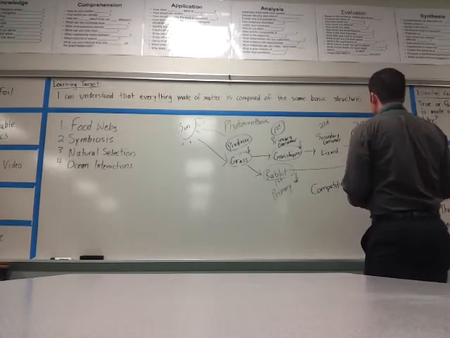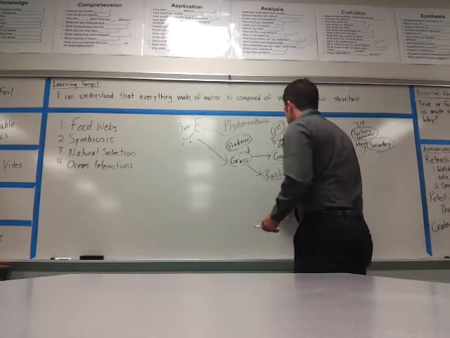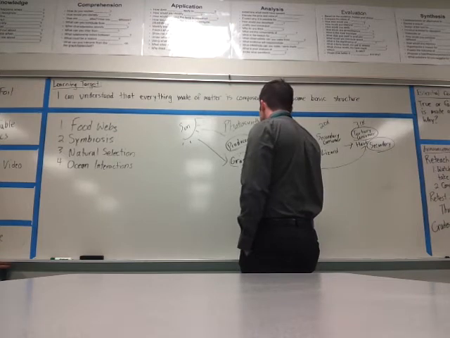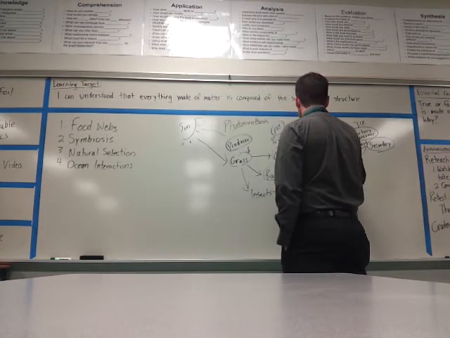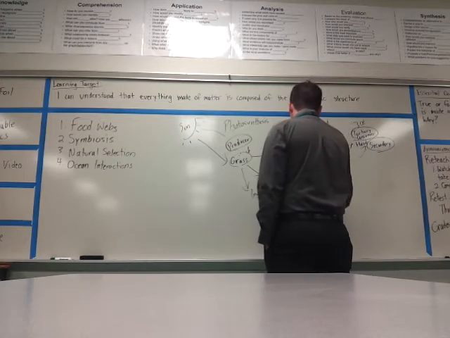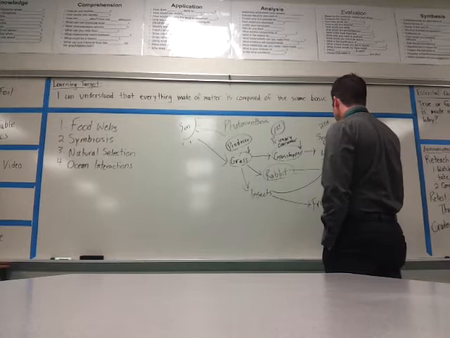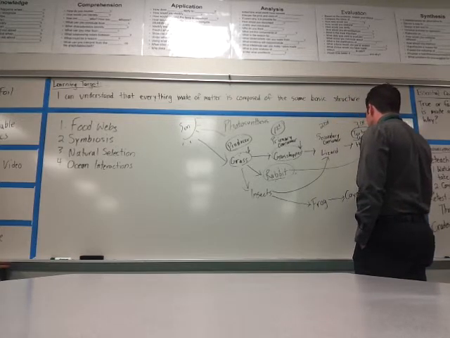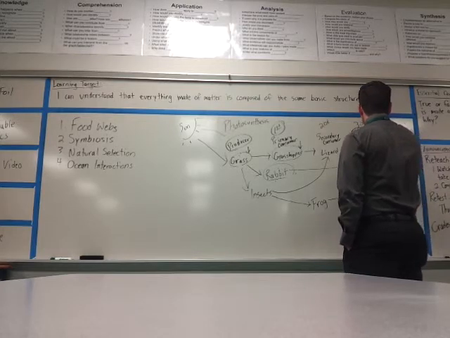So let's give another example here. Let's do bugs. Insects eat plants, and those insects can get eaten by lizards, or they can get eaten by a frog, and that frog can get eaten by a coyote, and that coyote can get eaten by the hog.